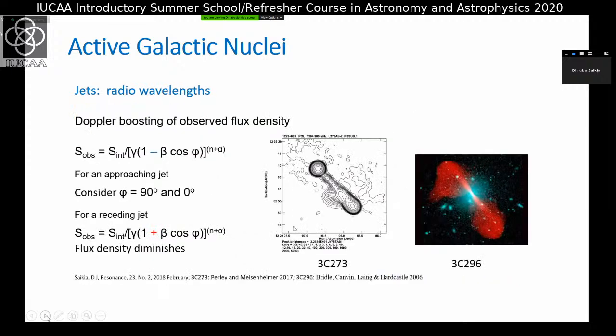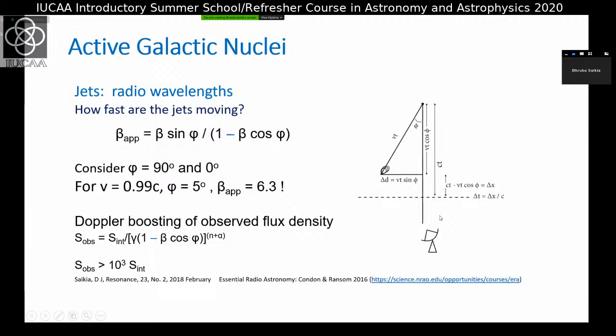And now, the other aspect which becomes important when an object is coming towards you, I will accelerate a little bit because I think I'm running a bit behind time. That when an object is coming towards you, besides this effect of superluminal motion, the other effect which takes place due to the special relativistic effects of the solid angle being different in the rest frame and the observed frame, there will also be a frequency shift.